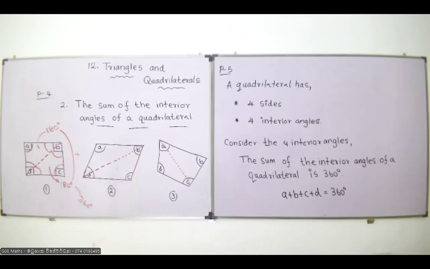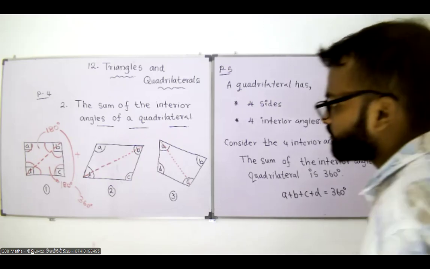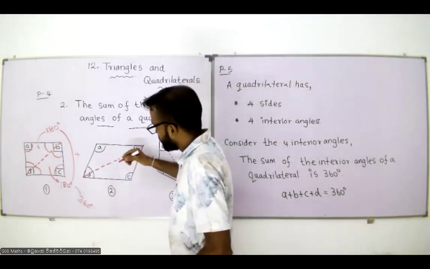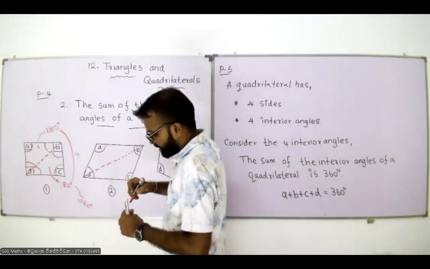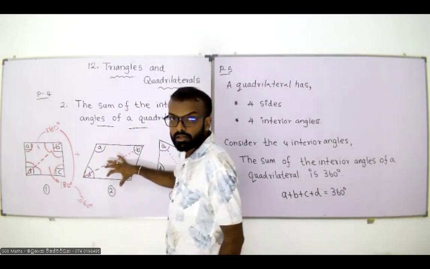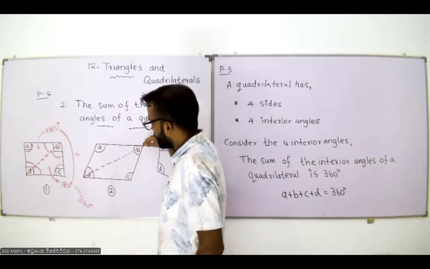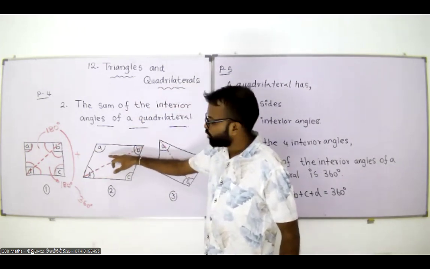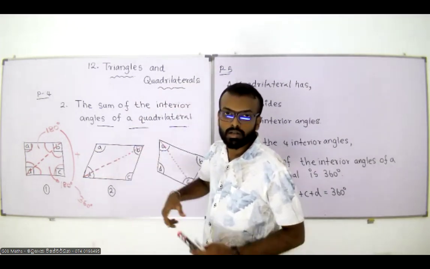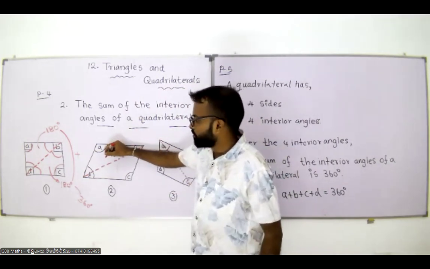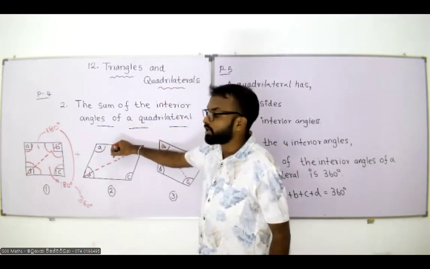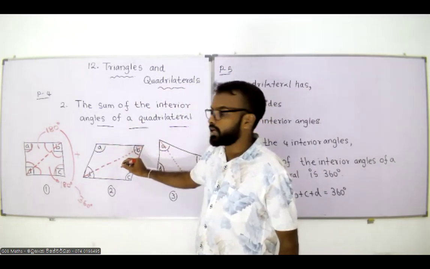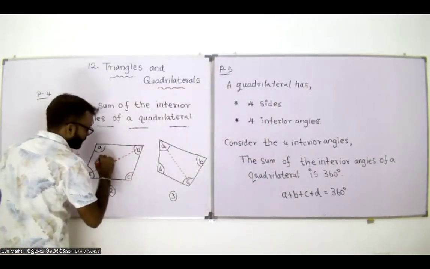I'm not going to mention it on the board. So I will explain this for the other quadrilaterals as well. If you consider this second quadrilateral, I have divided it into two triangles, the topmost triangle and the bottom one. The summation of the interior angles of the topmost triangle gives you 180.